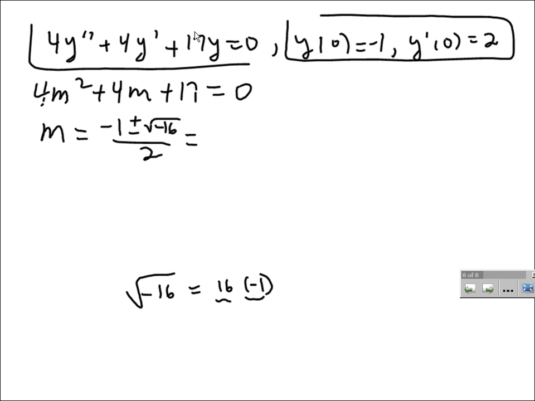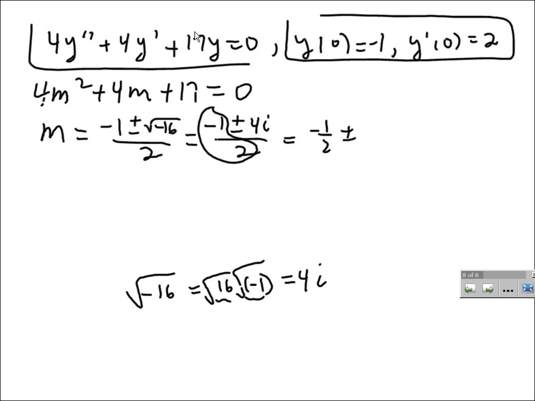So the square root of negative 16, I can think of it as the product of those two square roots. The square root of 16 is 4, the square root of negative 1 is i. You have negative 1 plus or minus 4i over 2. This division, negative a half, plus or minus that division, 2i. Okay, then this is the a, that's the b.